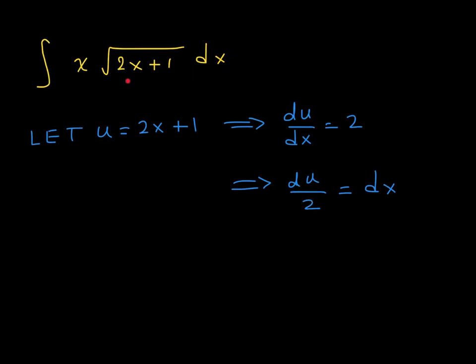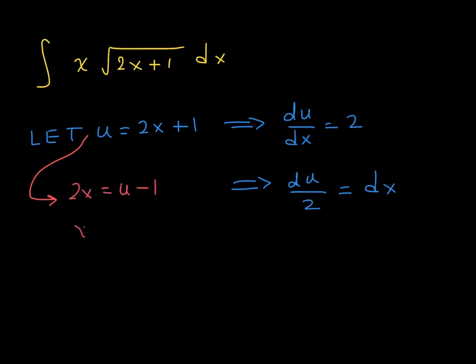That's fine. And then the square root of 2x plus 1 becomes the square root of u. That's fine. But what about this extra x? Because we have an extra factor of x, we can solve this statement for x. So 2x is equal to u minus 1.